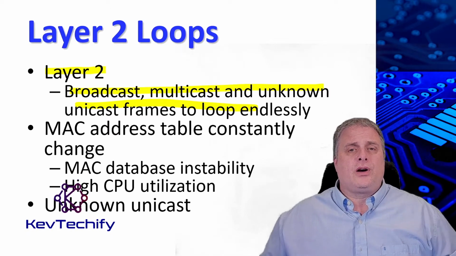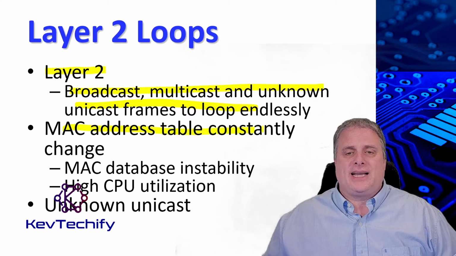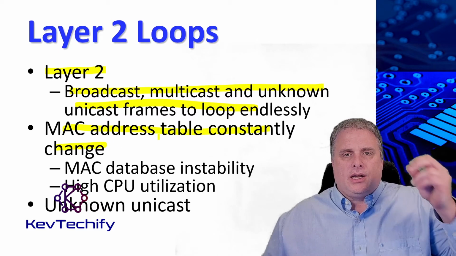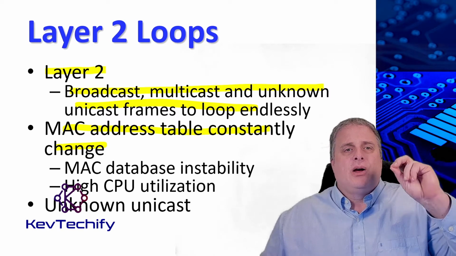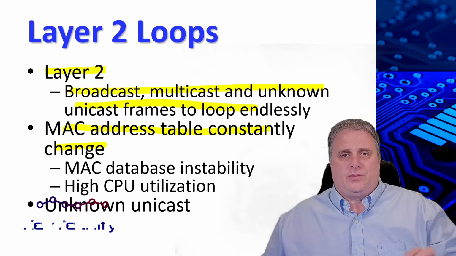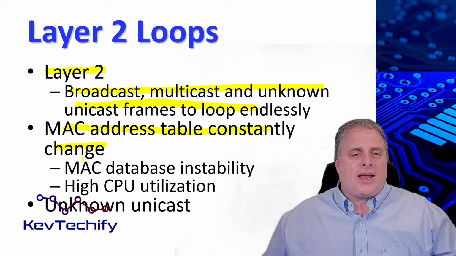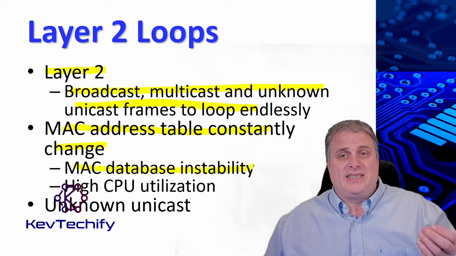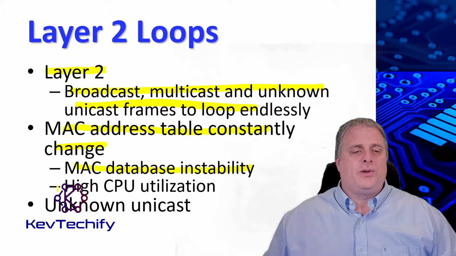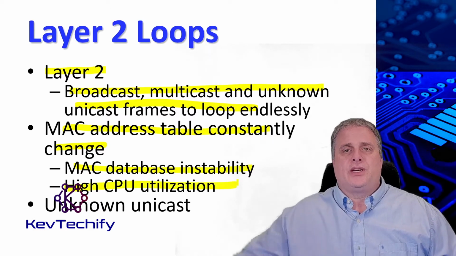Now, when a loop occurs, the MAC address table constantly changes. That switch is constantly changing it with all the updates from those broadcast frames, which results in MAC address database instability, so it becomes unstable. And then this can also give you high CPU utilization because it's always updating it.